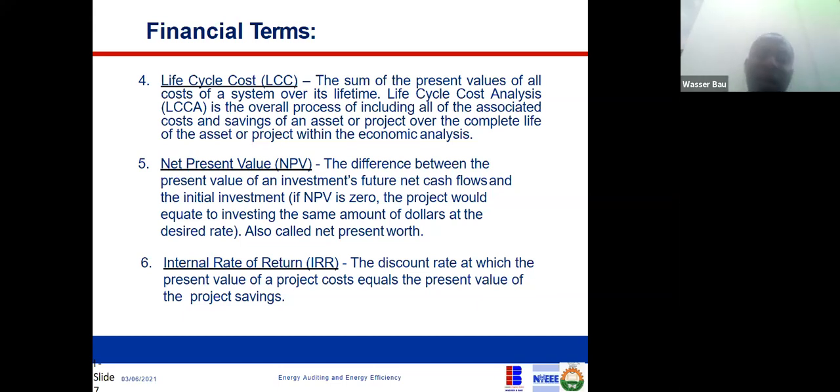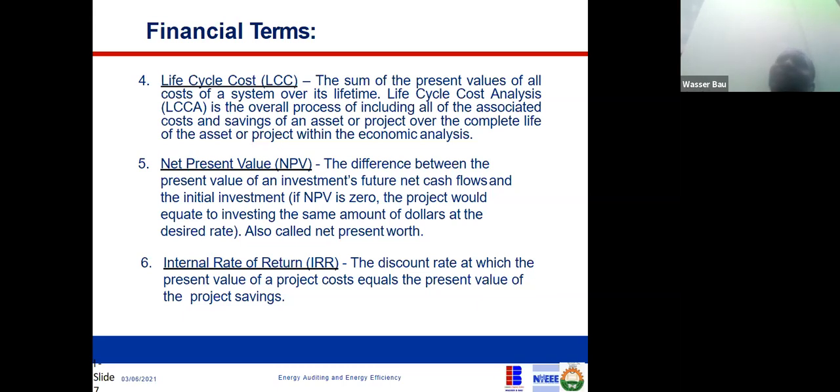The next economic term is what we call the net present value. Now, whenever you see net, it means it's the difference of something. So it says the difference between the present value of an investment's future net cash flow and the initial investment.